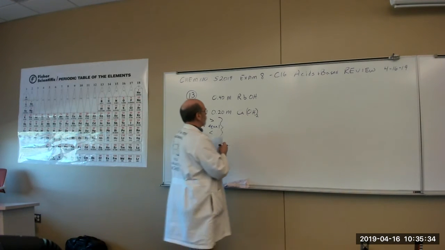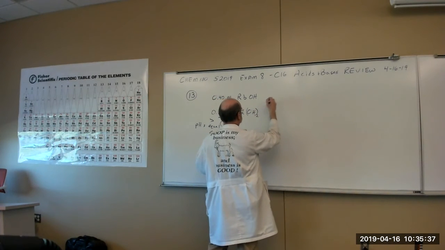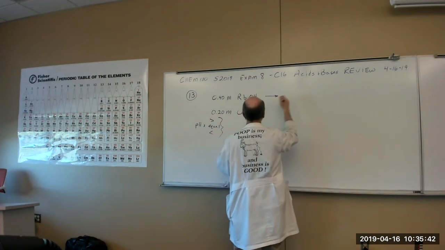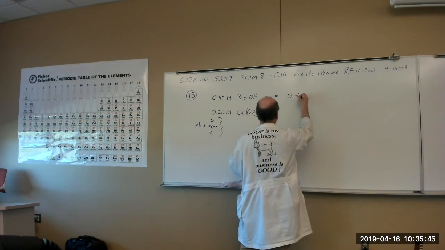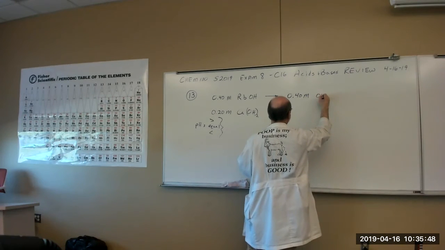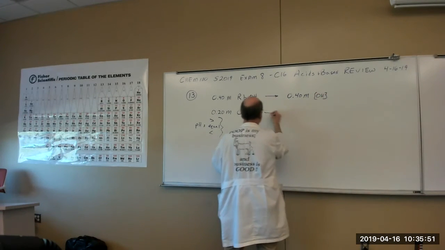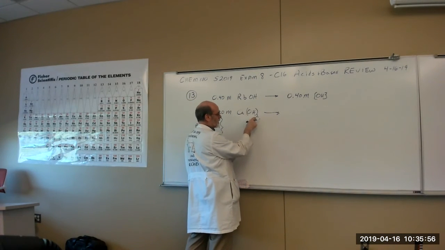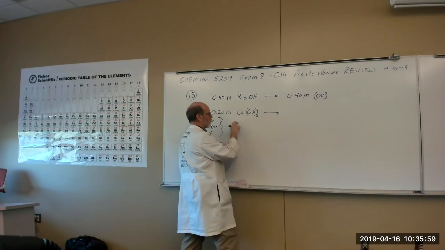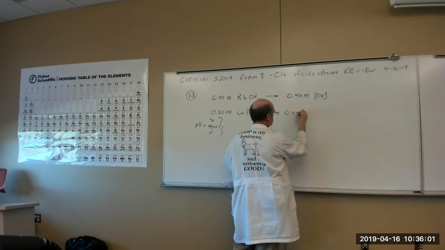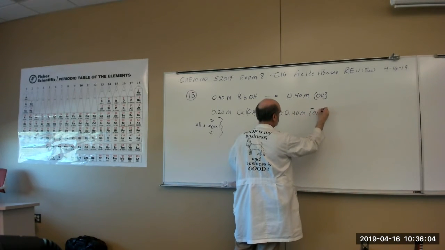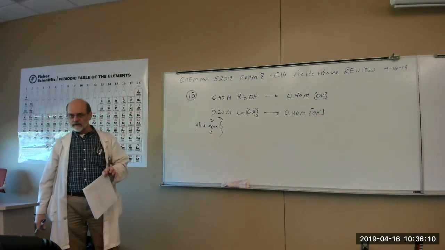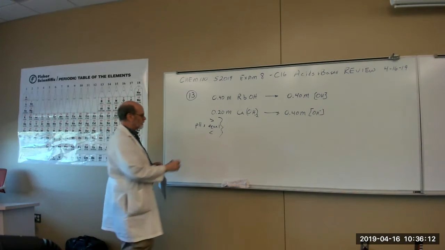So what's the hydroxyl concentration? It only makes 1 hydroxyl for every molecule, so its concentration is this. How about this one? Well, that's the concentration of the molecule, but it makes 2 hydroxyls for every 1, so its concentration is the same. If they've got equal hydroxyl concentrations, they must have an equal hydrogen ion concentration. So this is the one.